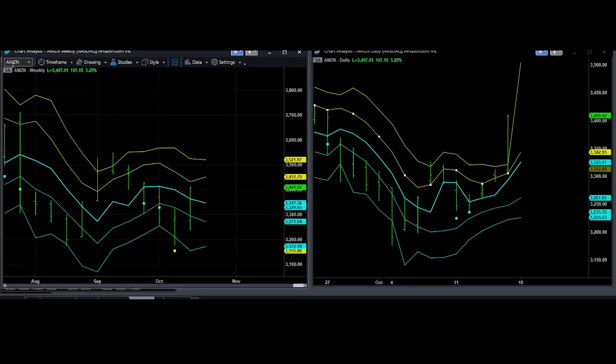So this is the Amazon weekly chart, and this is the Amazon daily chart, and this is yesterday, basically the Friday of this week. You see this is about a $100 increase or spike. So this is a prediction model.